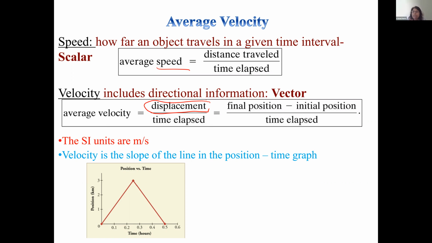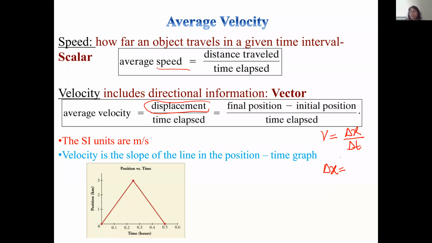Now displacement is the final position minus the initial position. We always write velocity equals delta x divided by delta t. Delta x is the displacement, and anytime you write delta of something, it means change of something.